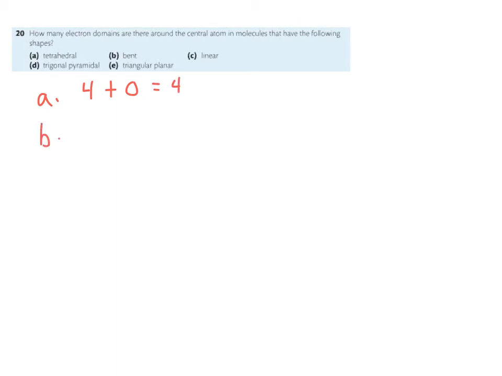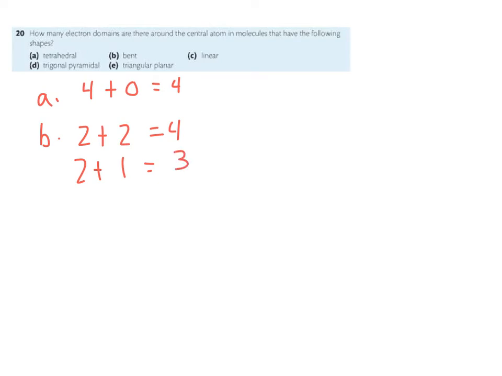B, bent, this actually has more than one possibility because you could have a tetrahedral shape with 2 lone pair and 2 shared pair for a total of 4. Or you could have a trigonal planar domain that has, not 3, but it's got 2 shared pair and just the 1 lone pair, which also would make it bent, and now you just have 3 domains.